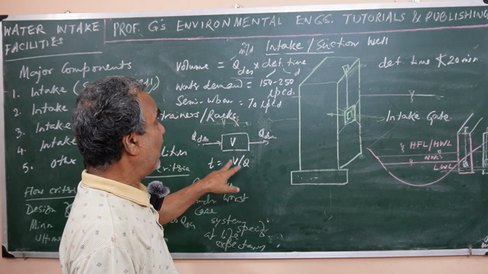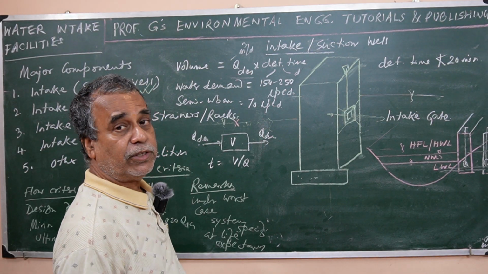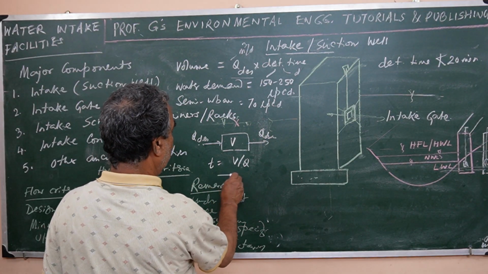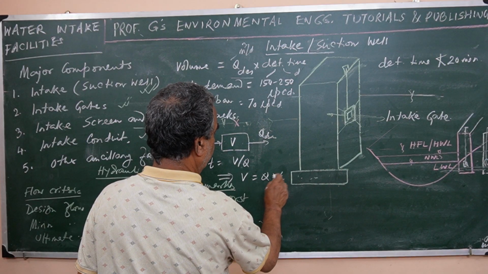But as it is recommended that detention time should not be less than 20 minutes, you will consider 20 minutes. So this gives you the volume equal to Q into T.